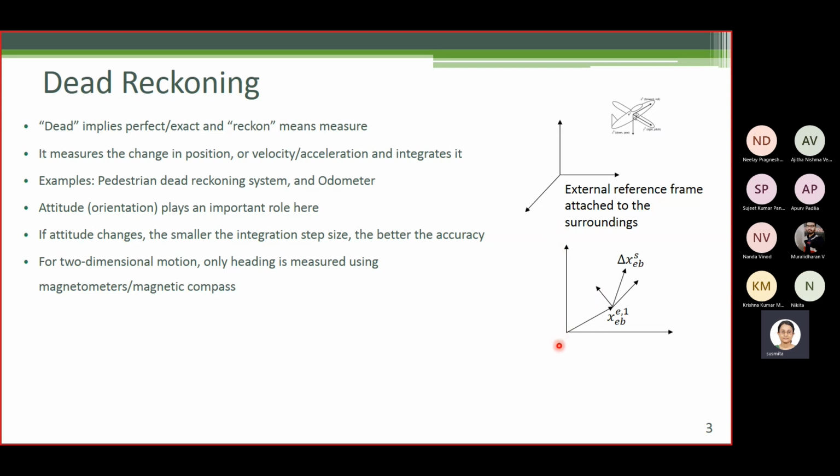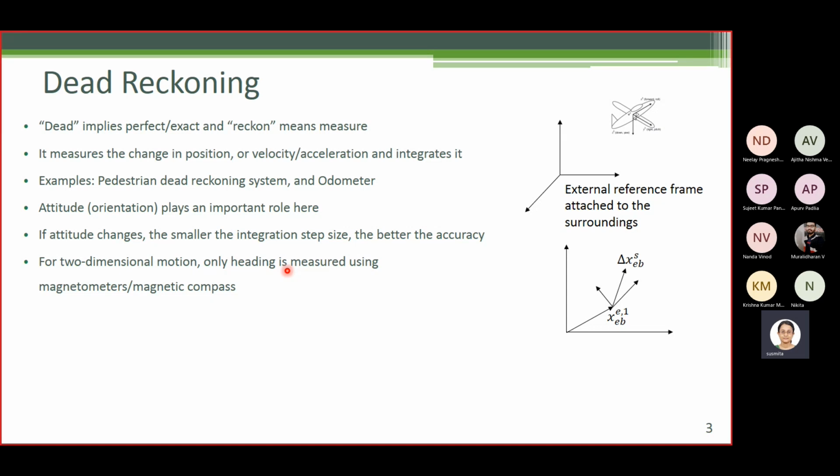We are considering only the two-dimensional case here. Now, how do we measure heading? Heading can be measured using magnetometers or a magnetic compass. A magnetic compass will deflect the needle along the local magnetic north. Now, if the latitude and longitude are known, then we can find the deviation of the magnetic north from the local north.